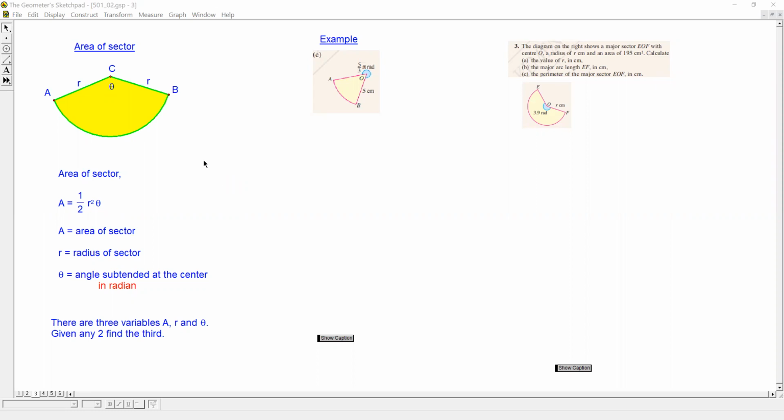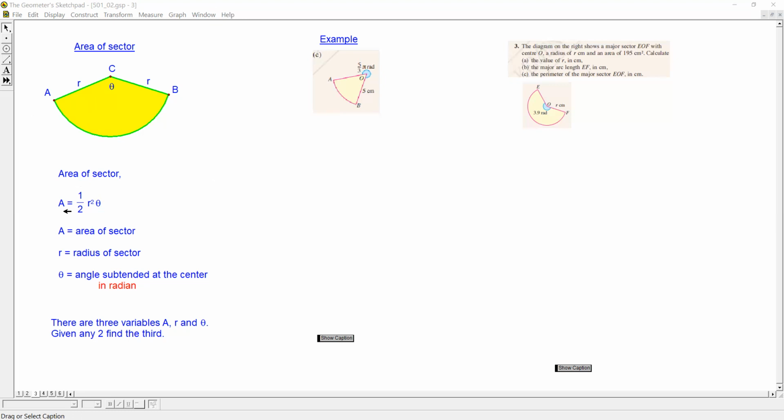Okay, so now we are going to find the area of sector. Sector is this yellow color. This yellow color is bounded by two green lines, the radius, and this curve, which is the arc AB. It's bounded by three lines. I want to find this yellow area.